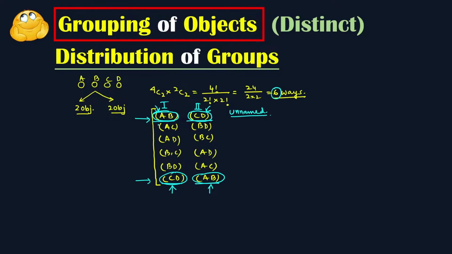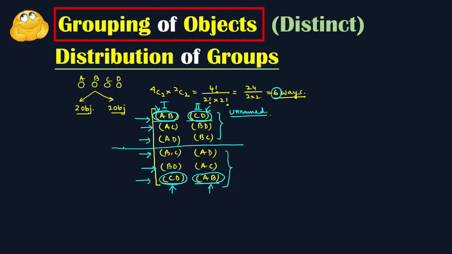Now we can easily see that AC, BD, again this repetition is coming, BD, AC. AD, BC, again the same repetition is occurring, BC, AD. That is, these 3 cases are exactly the same as these 3 cases, when the groups are not named, they are unnamed groups.